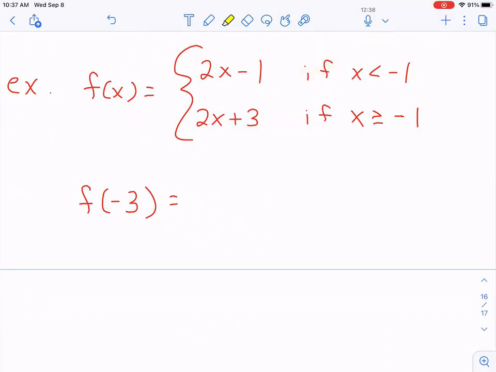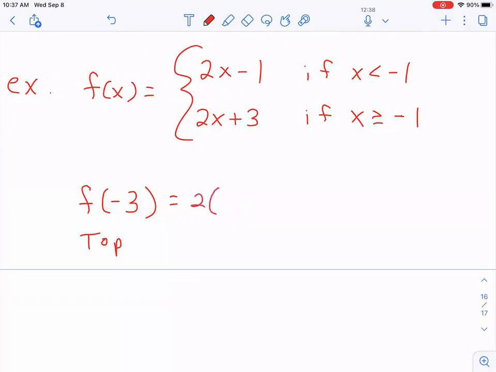If we're going to plug in negative 3, I look over here and I say, well, is negative 3 less than negative 1? Or is it greater than or equal to negative 1? Well, negative 3 is less than negative 1. So that tells me I'm going to plug that into the top. So I'm plugging it into here.